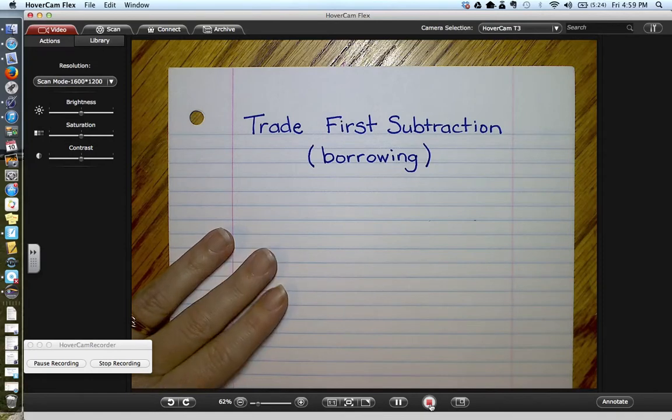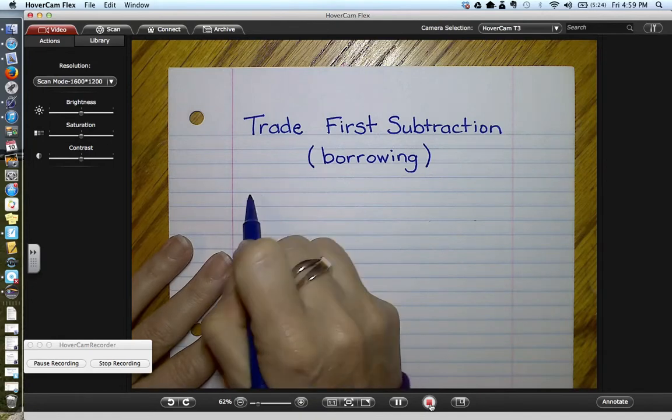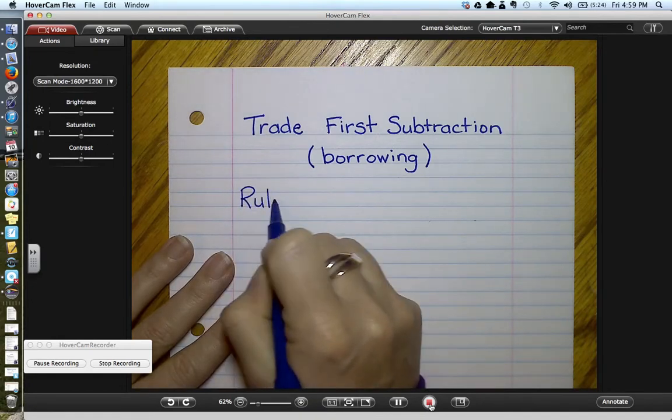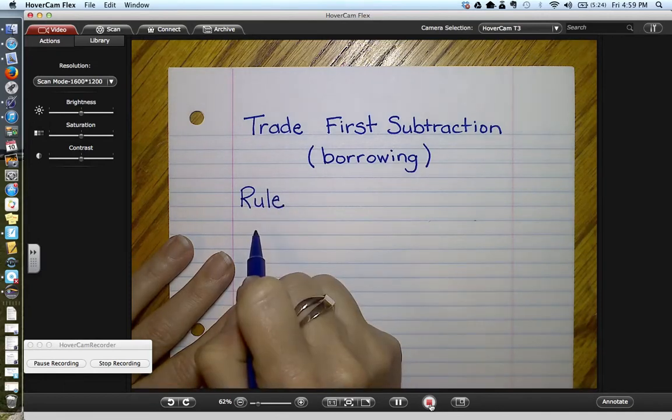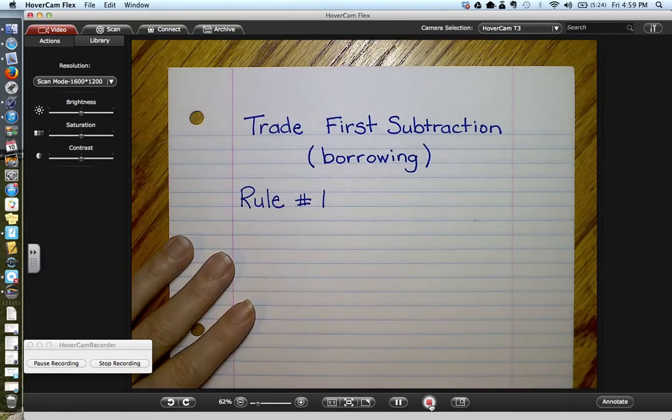The first rule that I want you to remember about trade first subtraction, and I would like you to write this in your notebook just like I am. So we're going to write rule number 1. This is an important one. Rule number 1.